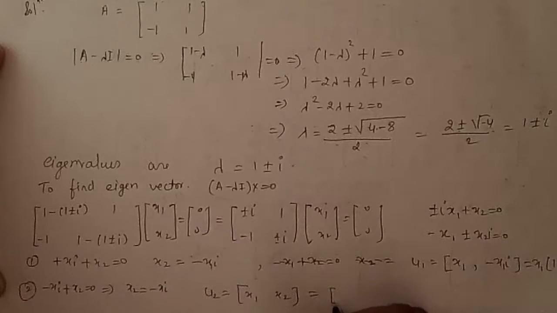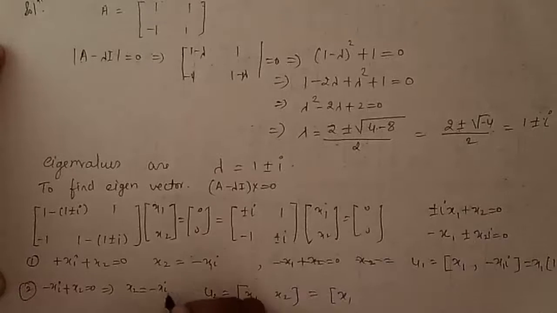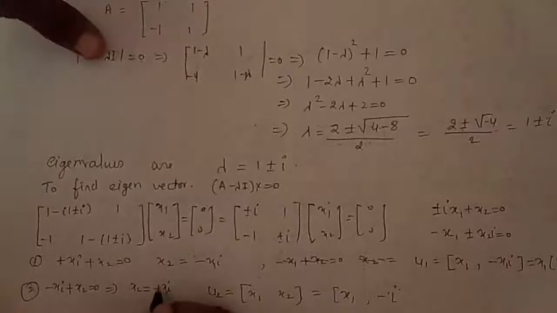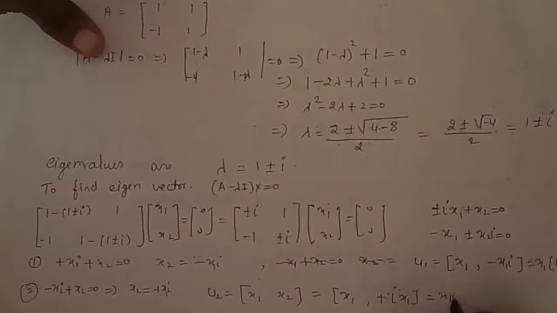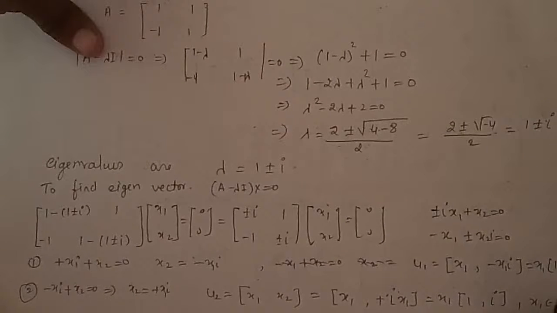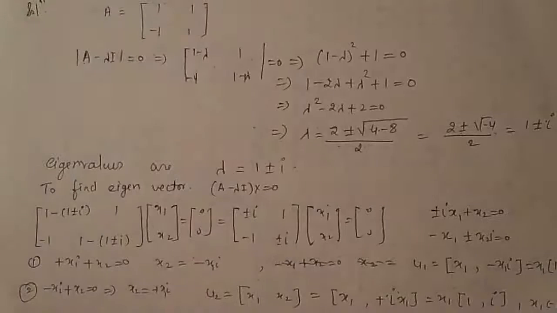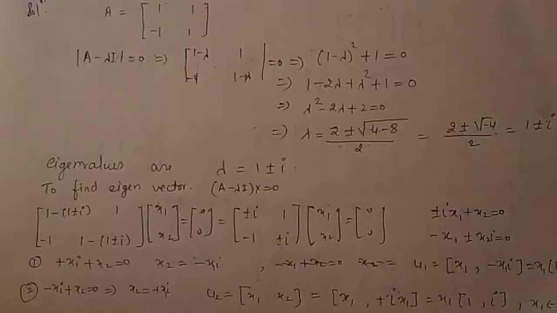This implies x1 is x1 and x2 is equal to i x1. So x1 outside, we have (1, i), where this x1 belongs to R. So these are the questions based on eigenvalue and eigenvector. I hope you understand this concept.